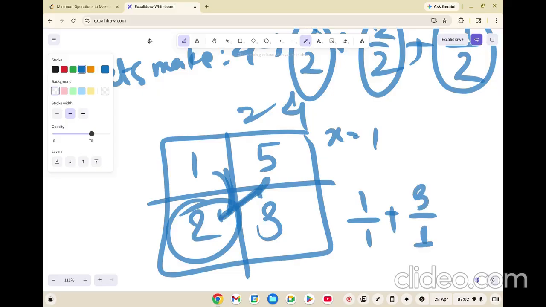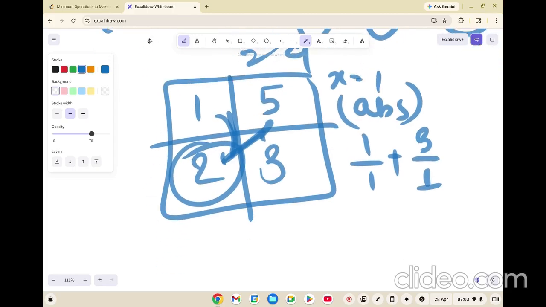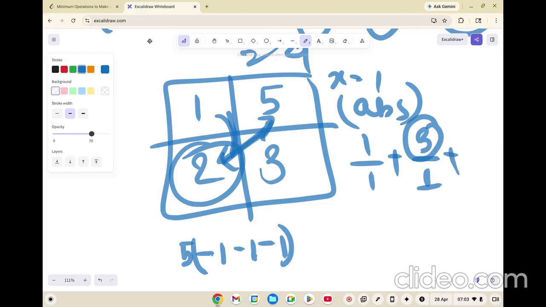I'm taking the absolute difference, since I can either add or subtract. Instead of adding, I'm subtracting from 5, so 5 minus 1 minus 1 minus 1, which becomes 2. I think I missed that part, so sorry for this. Then for 3, I will do 3 minus 1.